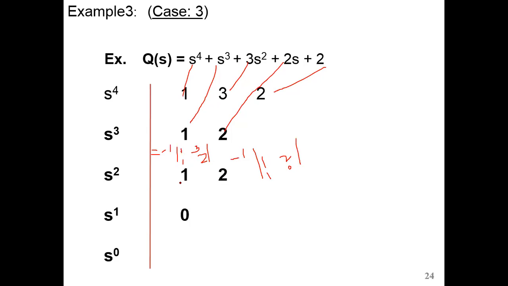So here we have again a row of 0. The above row is the even polynomial, s square plus 2 again. So here we will get 2.